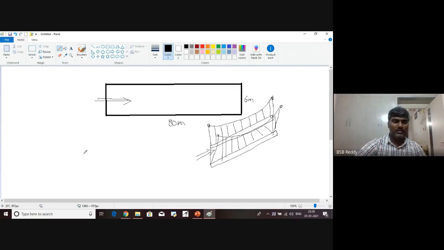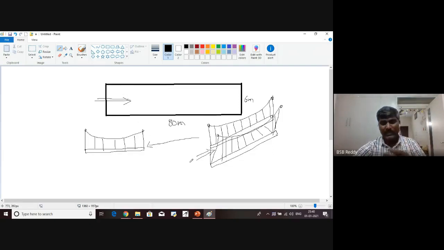Means you just need to take only one girder and one cable. That's all. The other one is to be designed in the same way. So this is how you should convert a three-dimensional problem. How do you convert it?